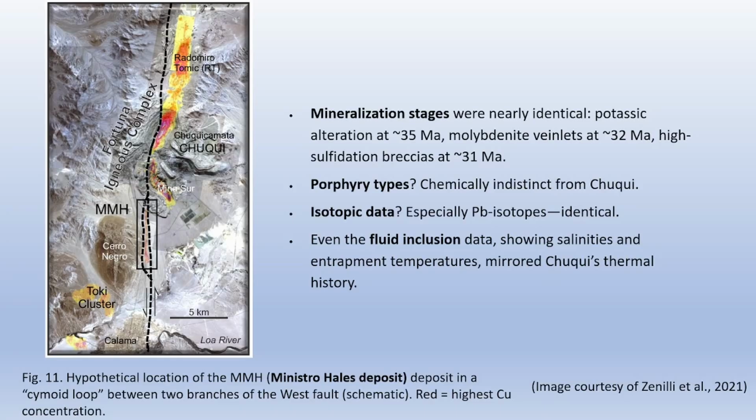Instead, it was trapped in a sigmoid loop. It's a kind of kink in the fault system that acted like a geological catcher's mitt. It's a rare structural trap that preserved an entire porphyry system.